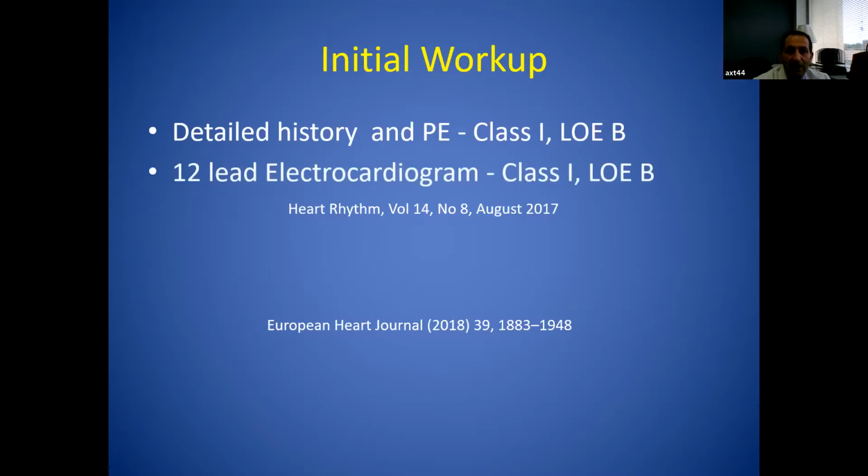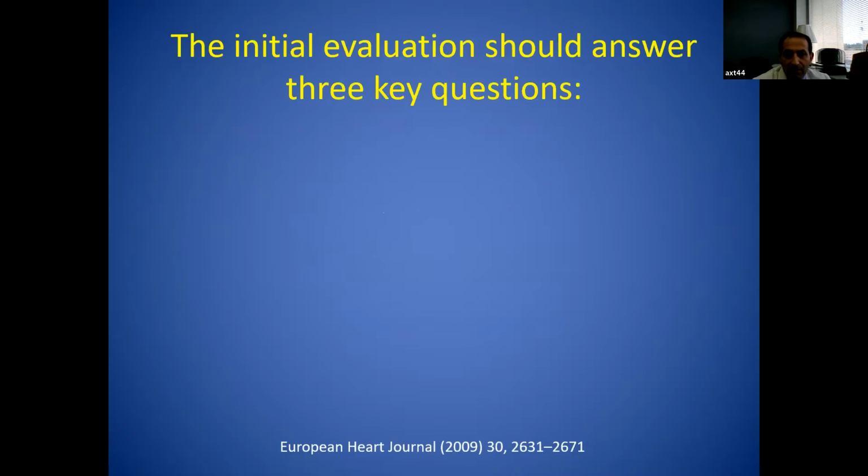You should do that. You should do a 12-lead ECG on somebody who had syncope. Okay, that's based on the American guidelines. And the European guidelines from 2018 tell us that we should also check for orthostatic blood pressure up front. The initial evaluation should answer 3 key questions.